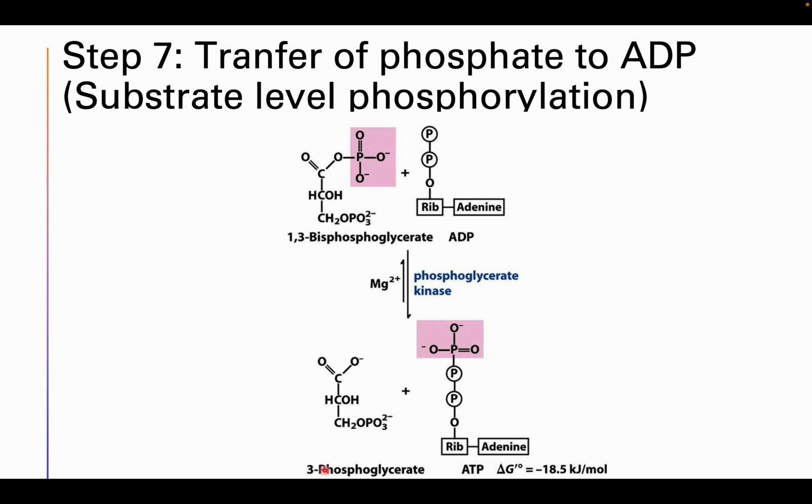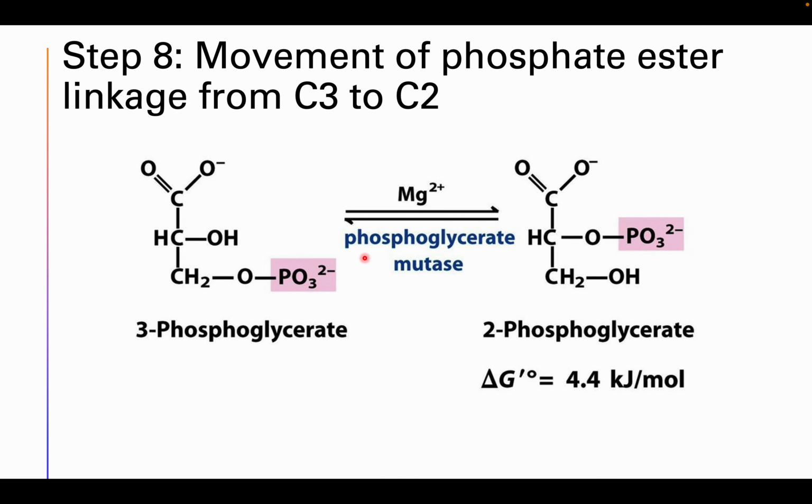Now there is some isomerization, since the number of carbons remains the same. The phosphate moves from the third carbon to the second carbon and forms 2-phosphoglycerate, with the help of the enzyme phosphoglycerate mutase.